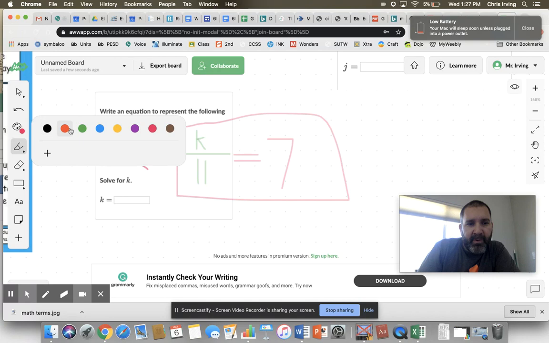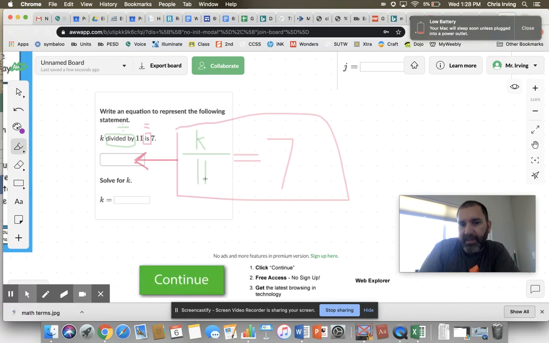And if you remember back to last week, we learned how to do this. We want K alone. And the way we're going to do that is we're going to do the opposite, or the inverse, of what's already being done to K. Well, what's being done to K right now is it's being divided by 11. So in order to undo that, we're going to multiply by 11.